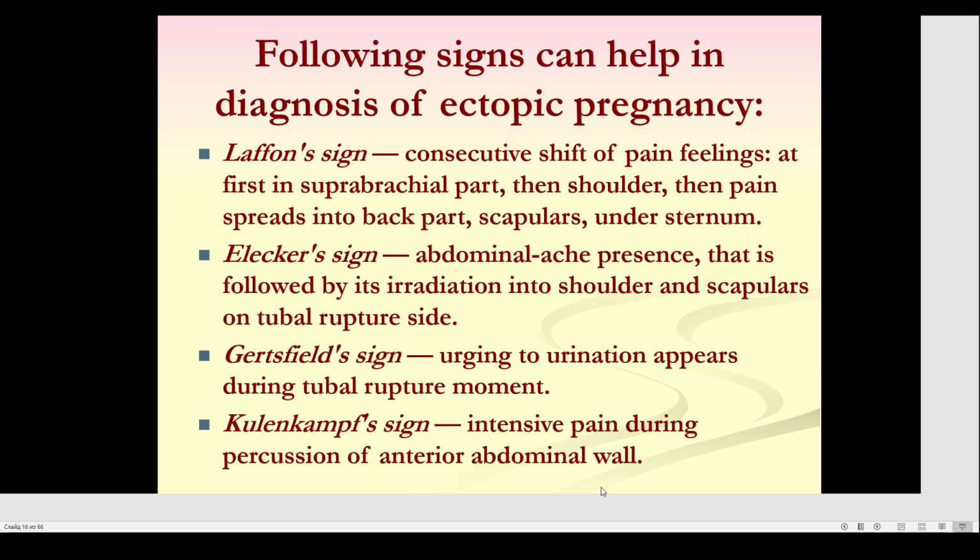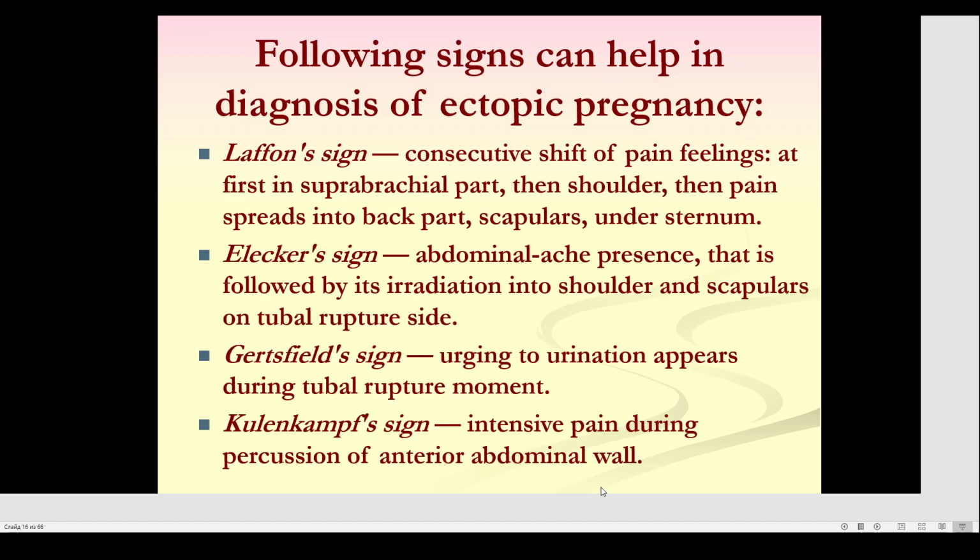Now you can see different signs, such as Lafon's sign: consecutive shift of pain sensations, at first in the supraclavicular part, then the shoulder, then pain spreads into the back, scapulae and behind the sternum.